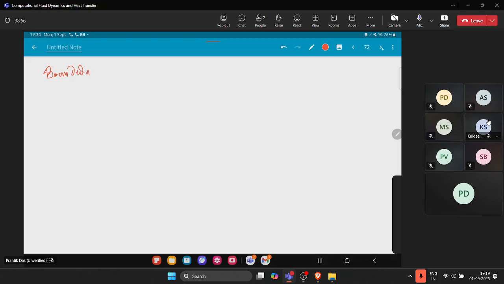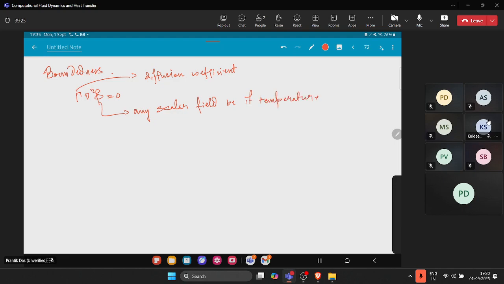As we have solved the convection diffusion problem, gamma del square phi equal to 0, where gamma is your diffusion coefficient and phi is any scalar field, for example temperature. For this problem, as I have shown numerically in the previous class by using coding and also by using analytical solution, there is a rod like this.